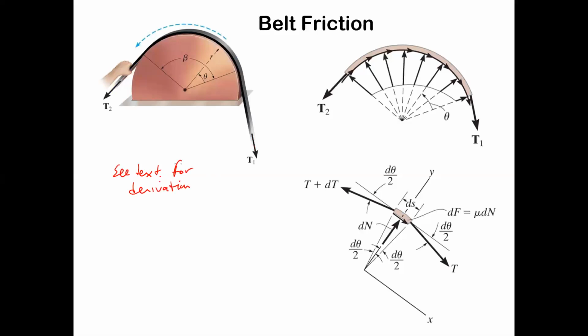The takeaway, though, is that this is a case where you've got a belt sliding over a drum, which can model a lot of other situations, a peg. They have a problem where there's a woman holding a rope with a young boy dangling off the edge of a cliff. The cliff edge is sort of like the belt friction formula, because the rope is going over the edge of the cliff, and there's a coefficient of friction between the rope and the cliff.